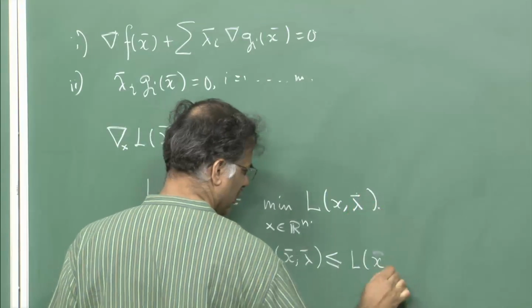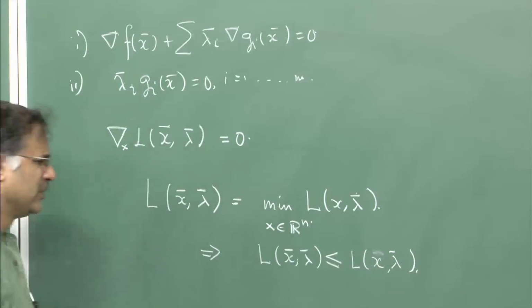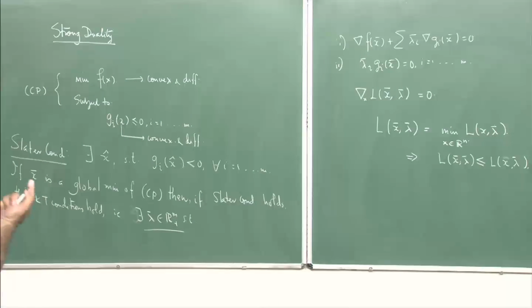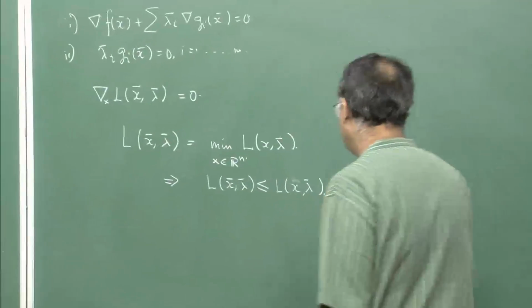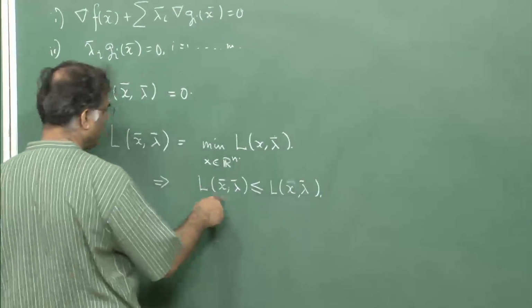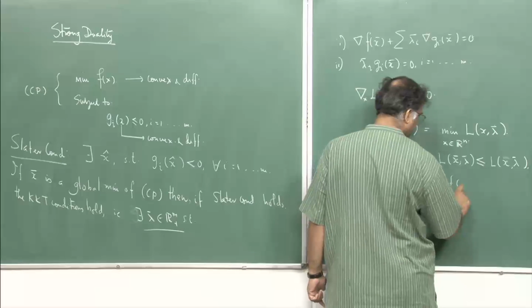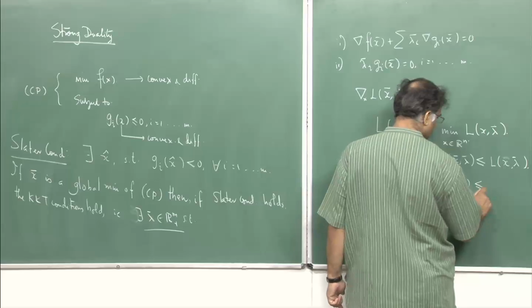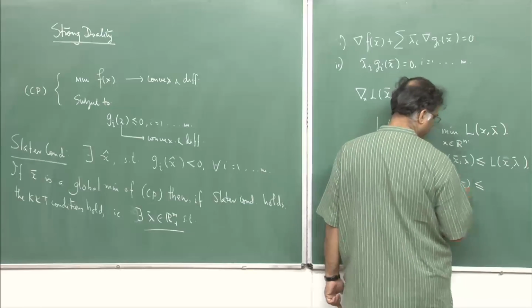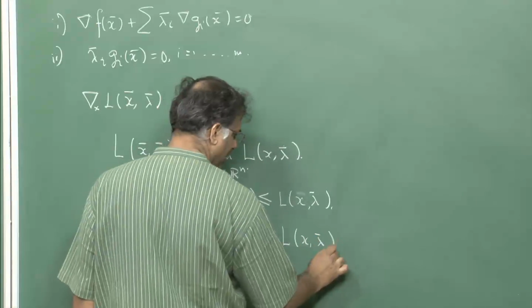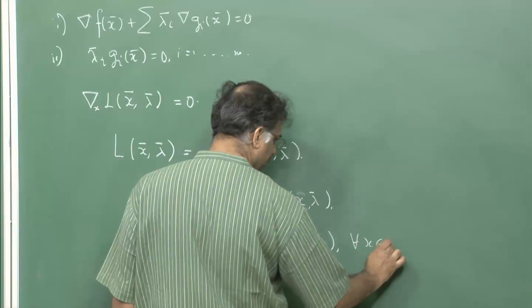So, you see we have recovered one side of the saddle point conditions from the Karush-Kuhn-Tucker conditions. So, it is a reverse way of looking at the thing. Now, if I break it up, knowing that lambda i bar g i x bar is 0, I will simply have f of x bar, which is the minimum value of the primal problem, is less than or equal to L x lambda bar for all x in Rn.